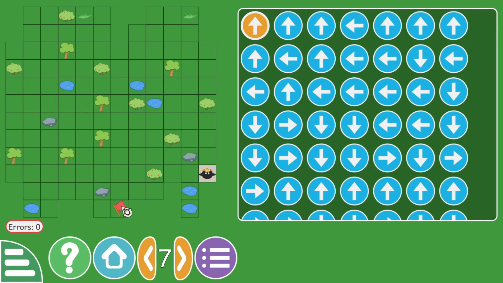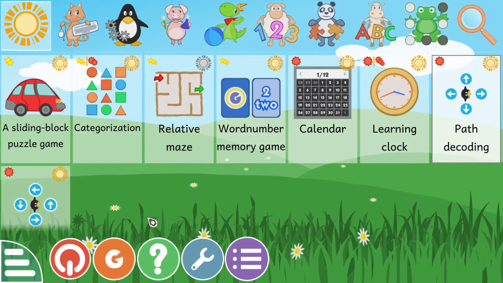That was pretty much taking the scenic route through the park, I guess. And that was the directions with north, east, south, and west. So they were absolute directions.